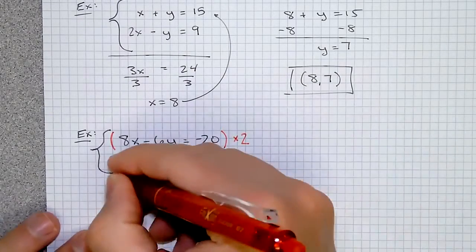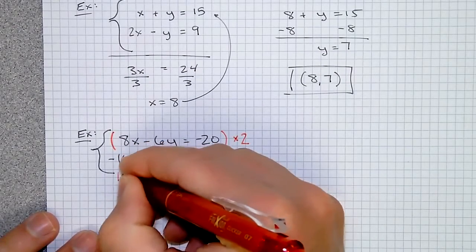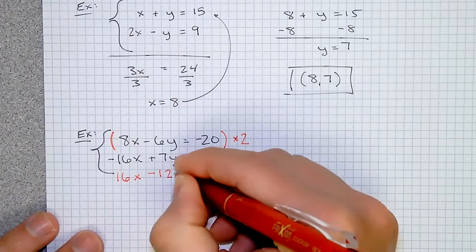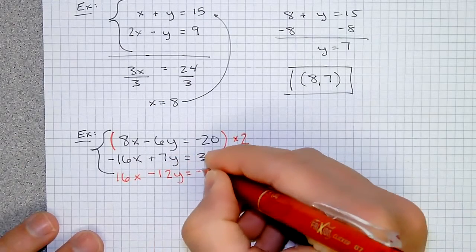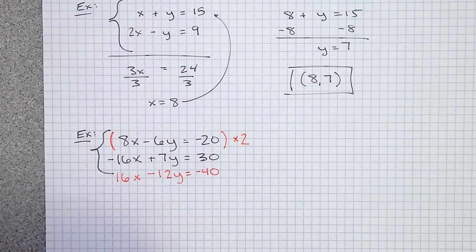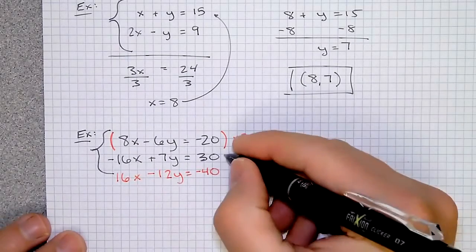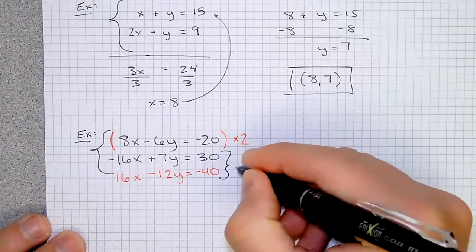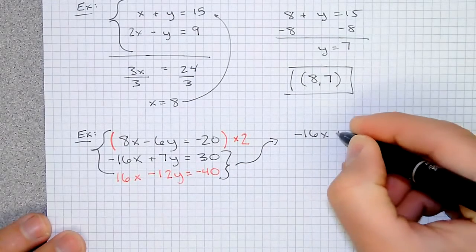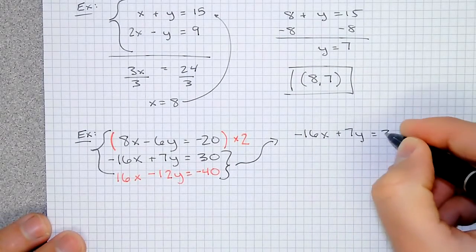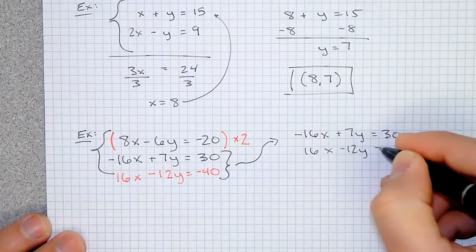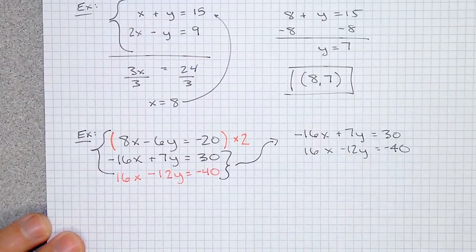Again, the reason we do that is because now I get 16x, I get a negative 12y, and I get negative 40. So now my two equations are negative 16x plus 7y equals 30, and 16x minus 12y equals negative 40.